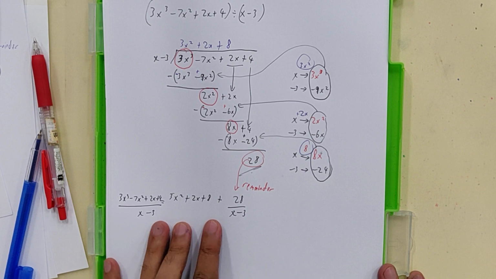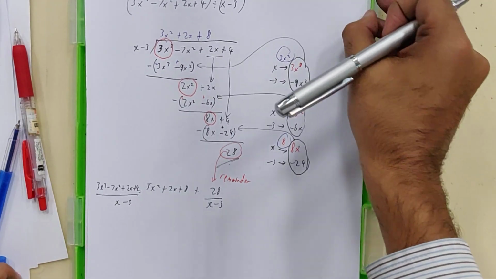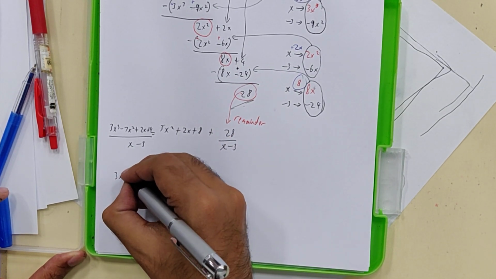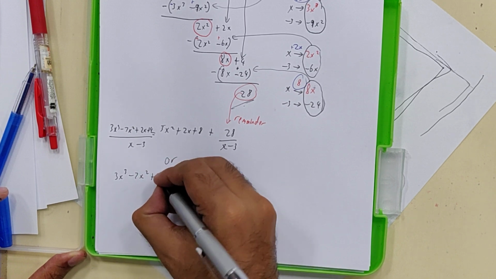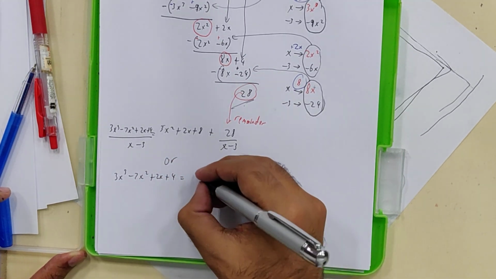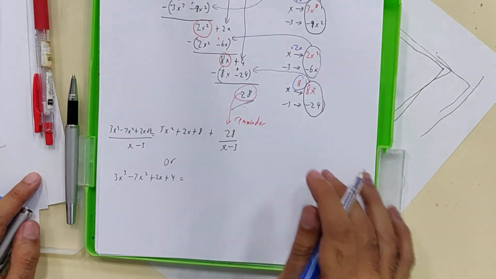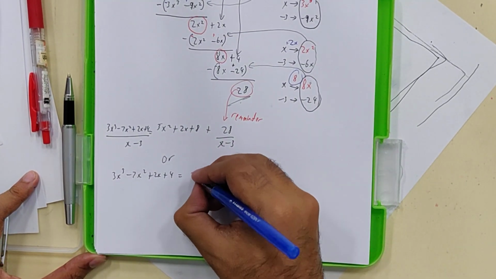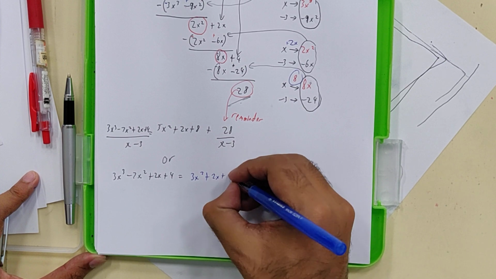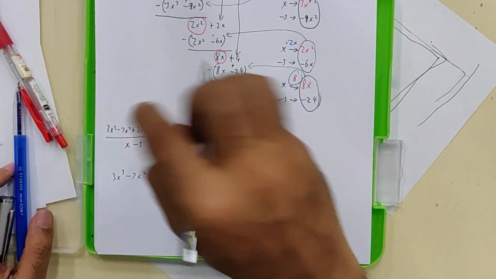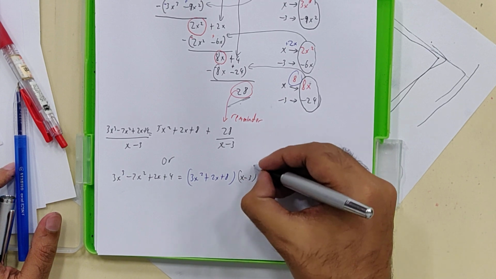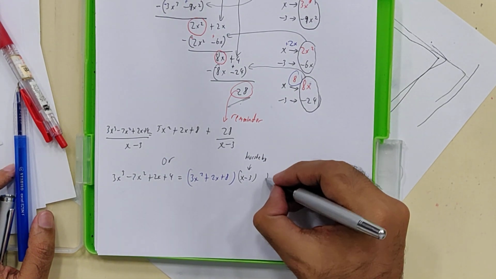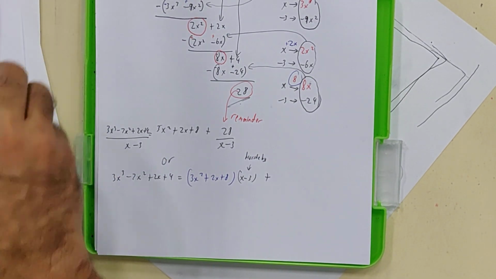You can either choose to write your answers this way or what? 3x cubed minus 7x squared plus 2x plus 4 equals your answer just now, 3x squared plus 2x plus 8, with the thing that you divide, plus, you plus with what?